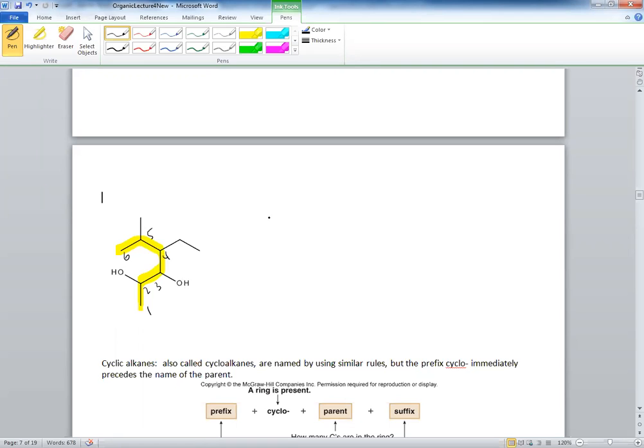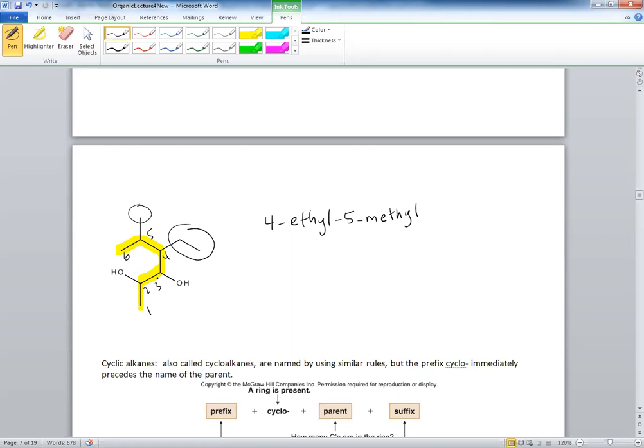So in this case, you have 2 hydroxy groups, and then you have an ethyl and a methyl. E is alphabetized before M, so that would be 4 ethyl, 5 methyl, right here.